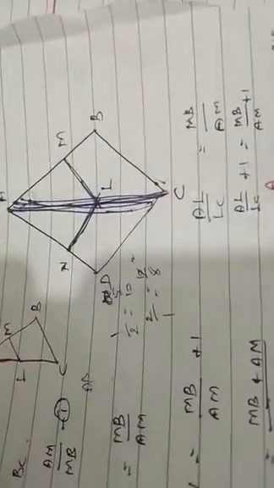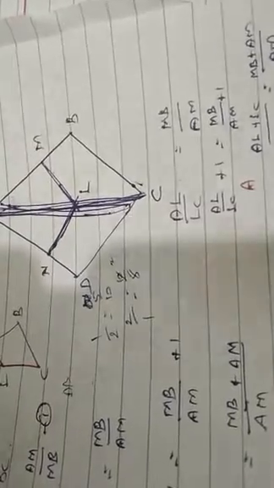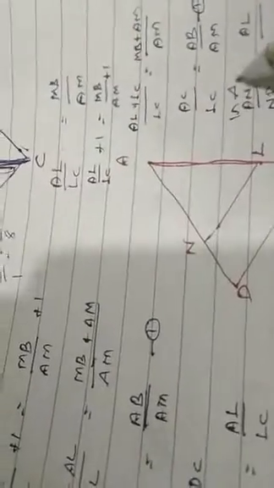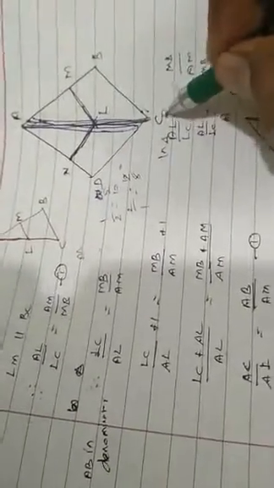Similarly, in the second one, AN divided by ND equals AL divided by LC. That second one is by using the basic proportionality theorem in triangle ADC, and the first one in triangle ABC. Okay, right. Here we need to add plus 1, no?